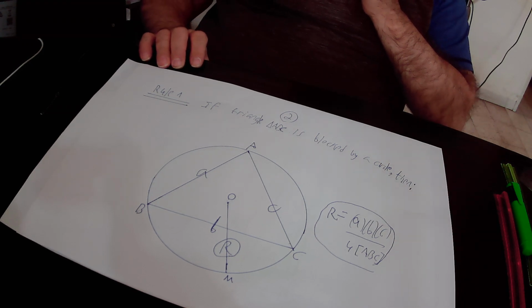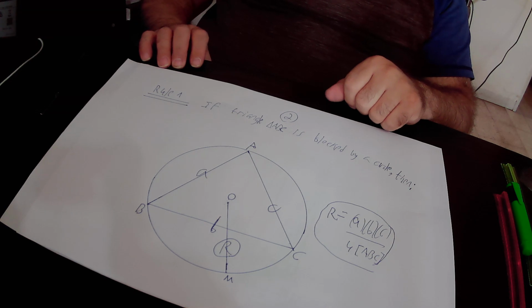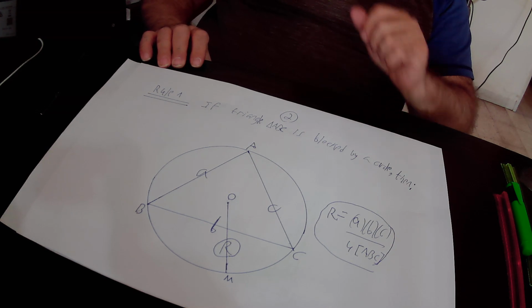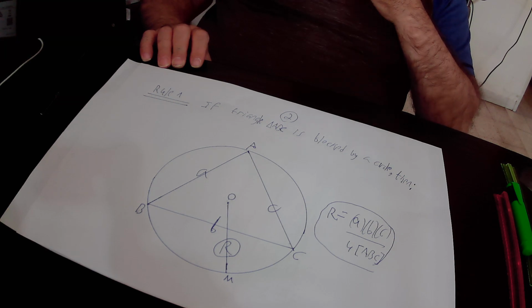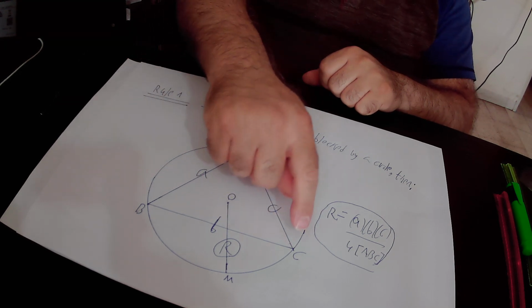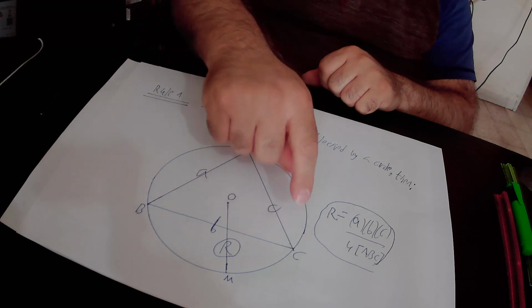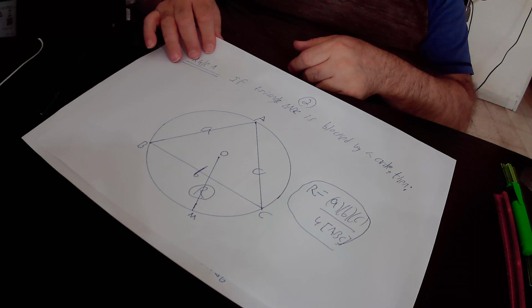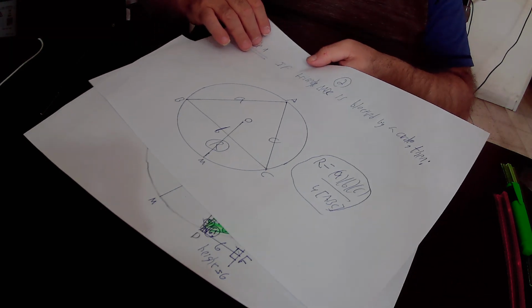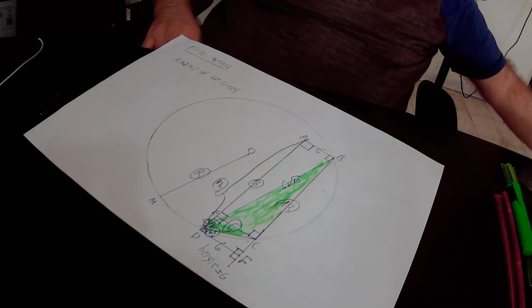Okay, before that, the definition of a triangle that is blocked by a circle means that all three vertices are touching the circle, like you see in the drawing. So we can actually implement rule number 1 in our drawing.